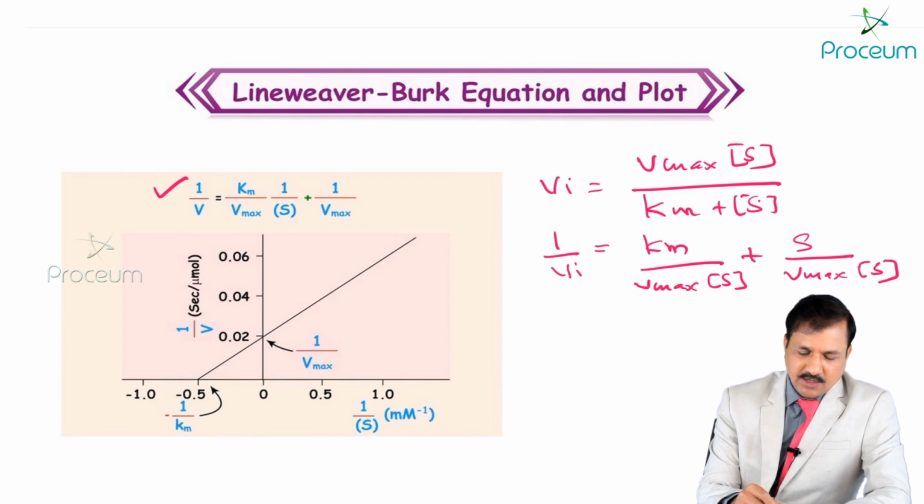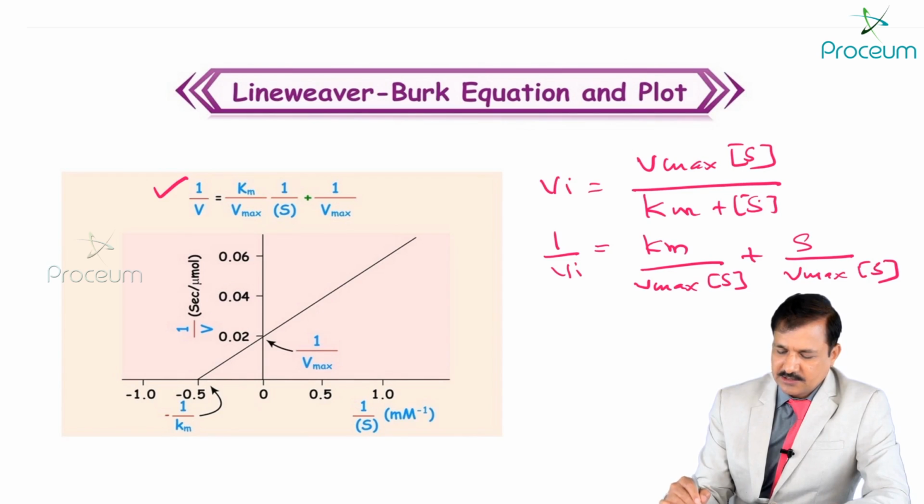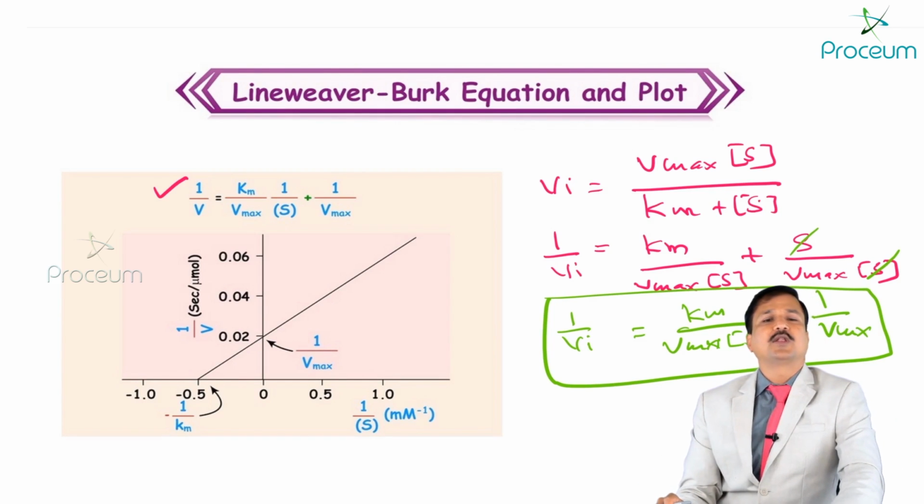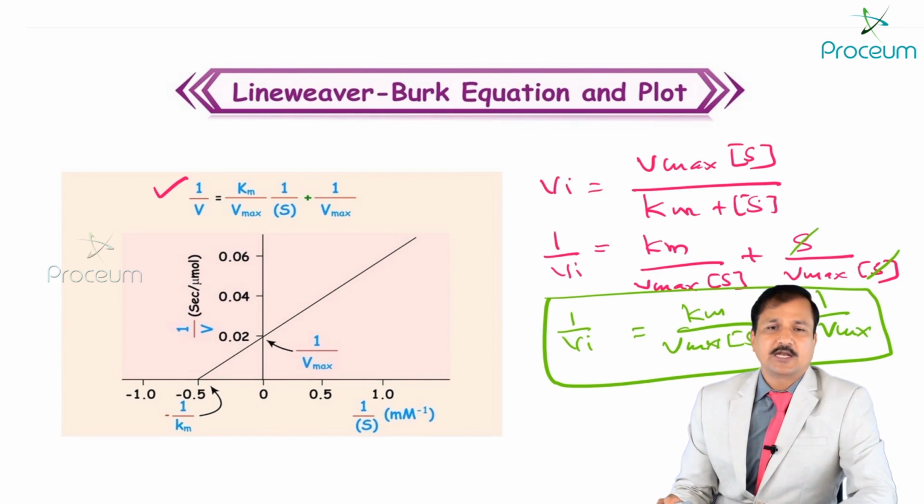Now you can cancel out the substrate concentration, and the equation that remains is 1 over Vi equals Km over Vmax times substrate concentration plus 1 over Vmax, and this is the Lineweaver-Burk equation, which is a simple reciprocal of the Michaelis-Menten equation.